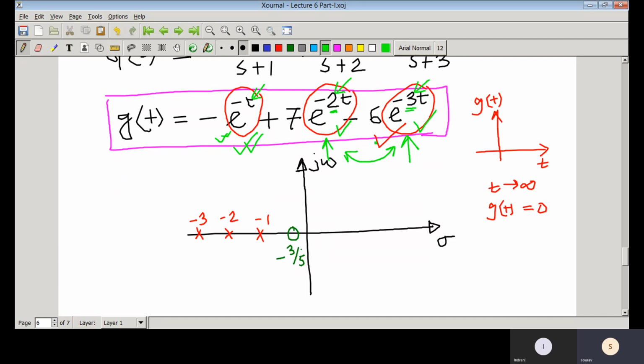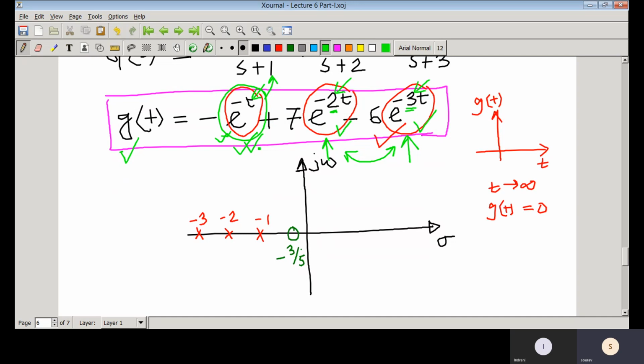So if you look at the transient response of this g(t), the first term is associated with the pole -1. The effect of this term is prominent in the transient response.